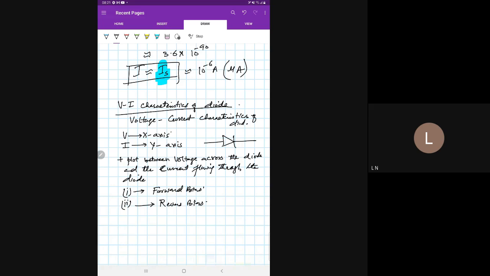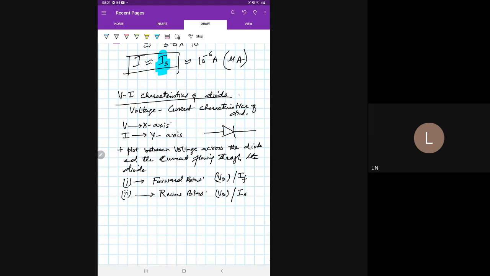In forward bias, the diode voltage will be VD, for example, and the current will be the forward current I of F. In reverse bias, the diode voltage will be VD, but the current will be I of S, the reverse saturation current.